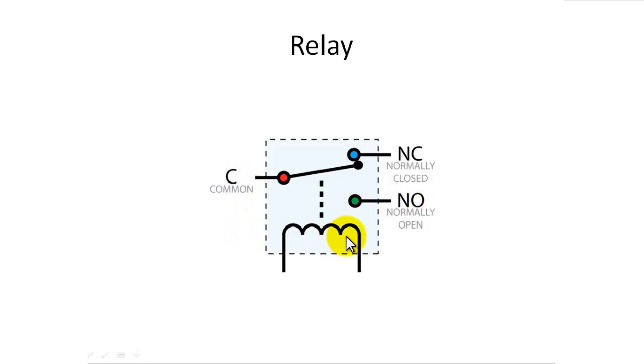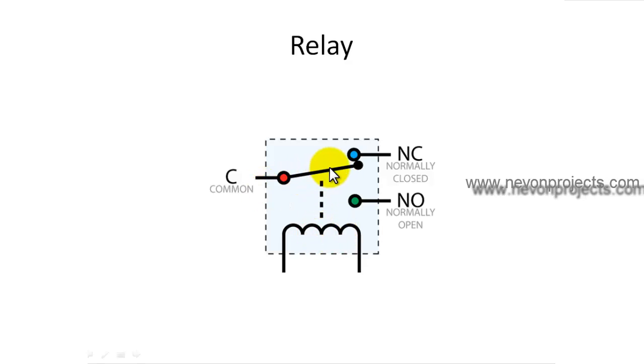How this happens actually is that this coil is actually an electromagnet. Whenever a rated voltage, for example this coil is rated for 12 volt, if we give a 12 volt across these terminals, it can be either way, then it gets energized and it gets magnetic attraction.